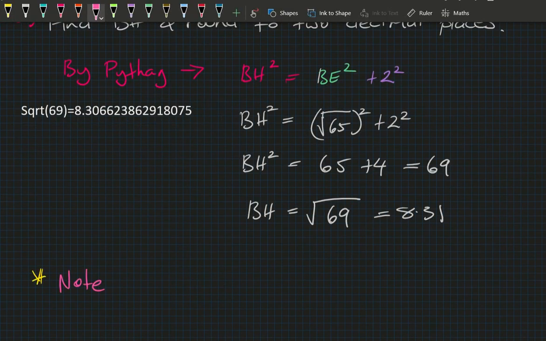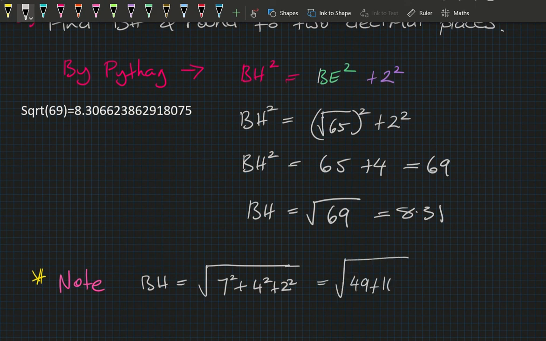Just note that if you weren't asked to do the intermediate step that we did in part A, you could go straight to my method, which is BH would be equal to the square root of 7 squared plus 4 squared plus 2 squared equals the square root of 49 plus 16 plus 4, which equals the square root of 69. Okay, those numbers there definitely add to 69. And we end up where we were anyhow. So I think my method is quicker, and this is how you do it in 3 dimensions. In fact, that's how you do it in as many dimensions as you want.